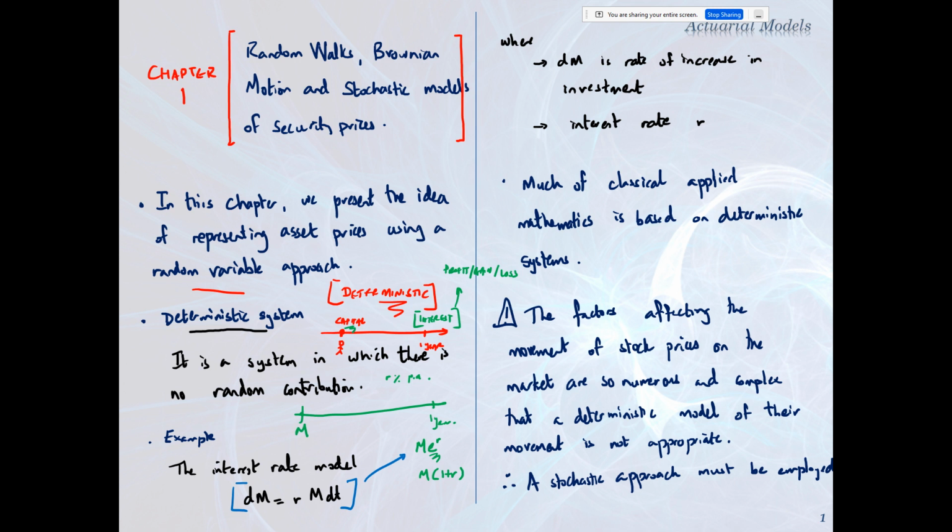How do we know? So for example, let's say we want to integrate both sides here. So first of all, let's put all M on the same side. Okay, let us integrate both sides from 0 to t. So what happens on the left hand side?